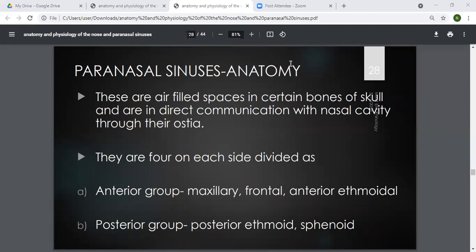So there are four on each side and they are divided basically into the anterior group and posterior group. The anterior group consists of the maxillary, frontal, and then the anterior ethmoidal sinuses, while the posterior group is made up of the posterior ethmoid and sphenoid sinuses.